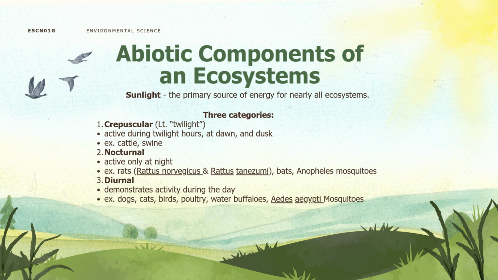So we have crepuscular, nocturnal, and diurnal. So when we talk about crepuscular animals, these are animals that are active during twilight hours, at dawn, and dusk. And here in the Philippines, the most common example of animals that are active during this certain time of the day are cattle and swines.